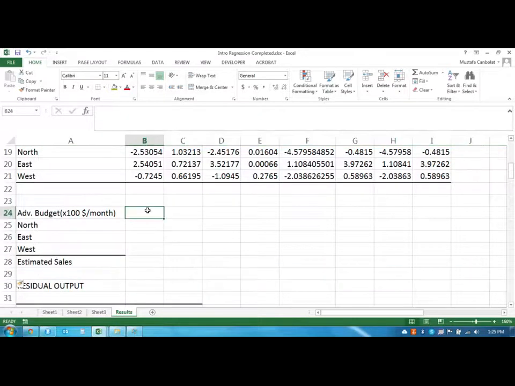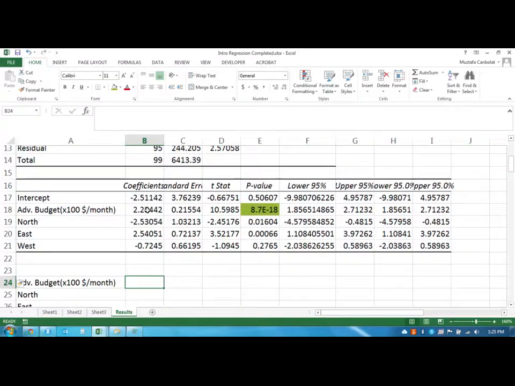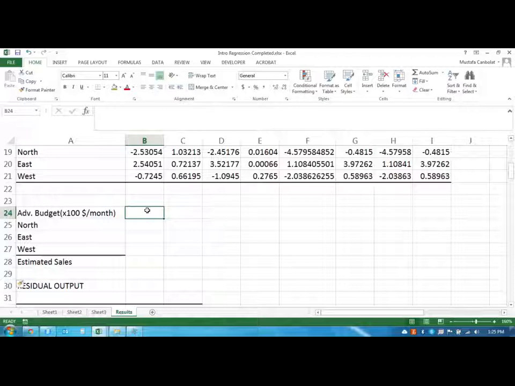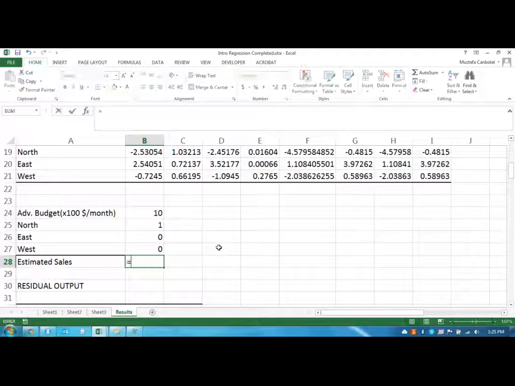And our budget, assume that we spent $500, so it's going to be 5. It may be a good idea to change it to $1,000, just put 10. And this place is located in the north, so 1 0 0.